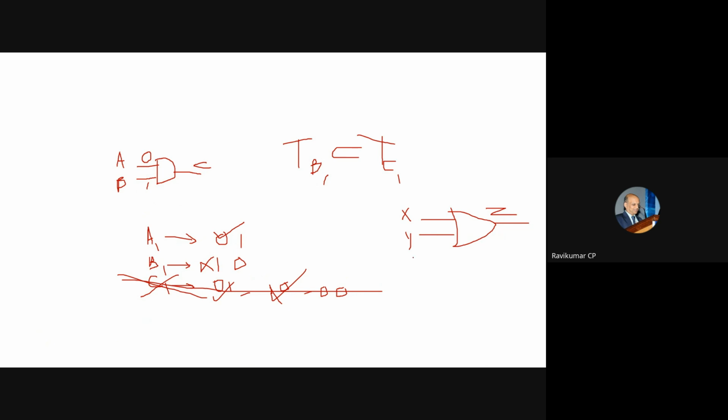Try Z0. If you want to test for Z0, you have to place a 1 here, right? So that can be done with either 0, 1, or 1, 0, or 1, 1. All these three will work.